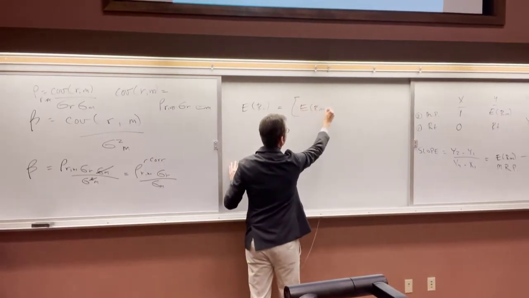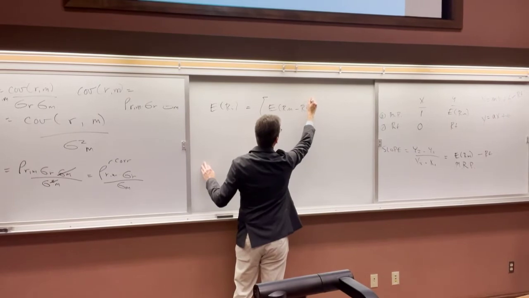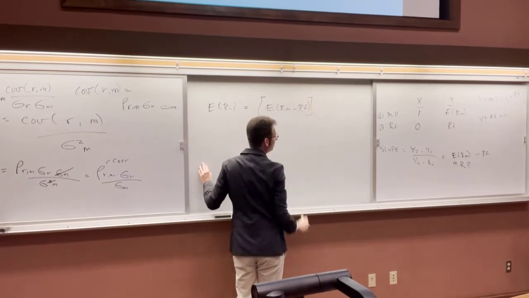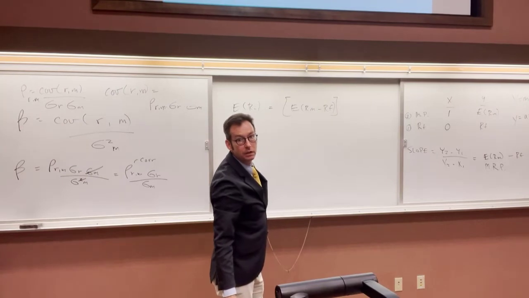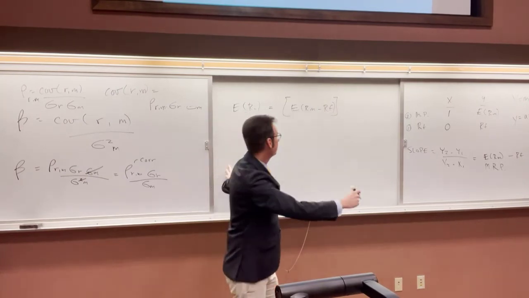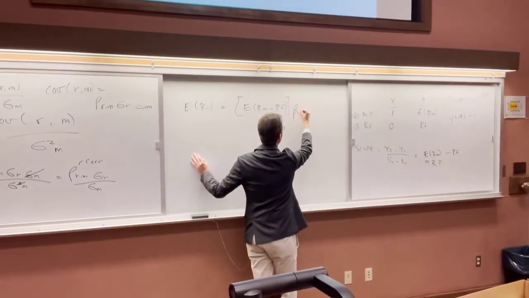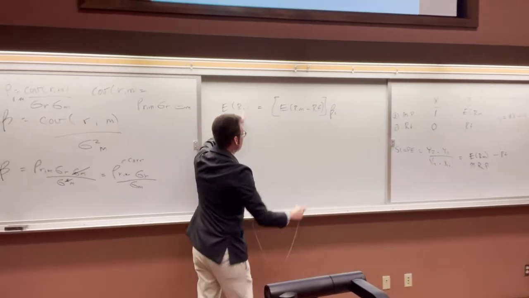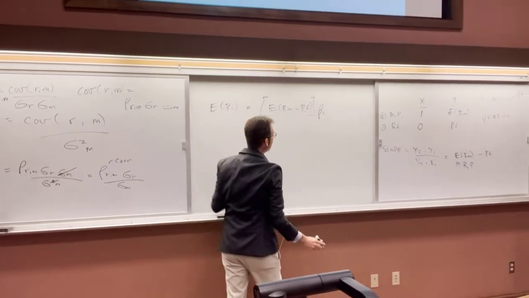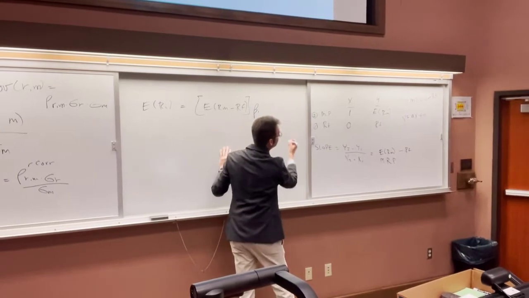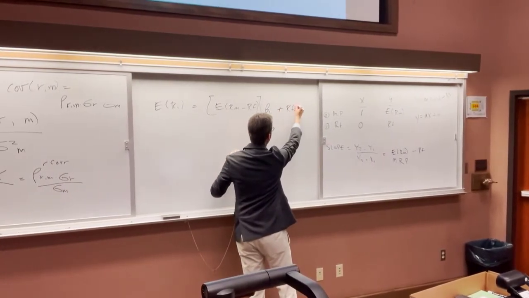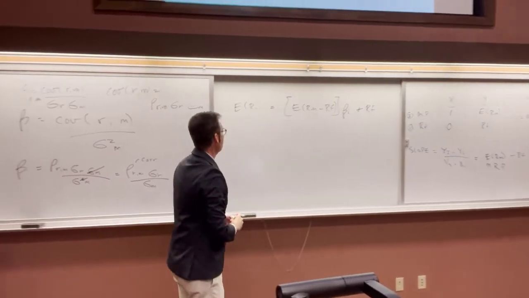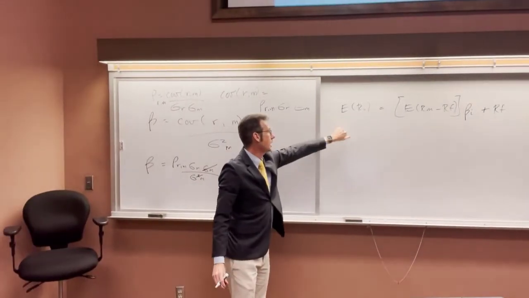Expected return on the market minus the risk-free rate. And what are we multiplying that by? What's X? Beta. And so that's going to be the beta on the individual stock, stock I, beta I. And then we're going to add the y-intercept, which we said was the risk-free rate. And so there is your security market line.